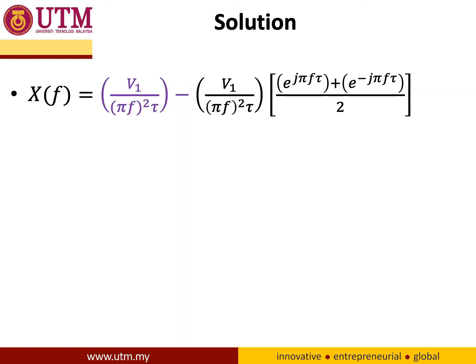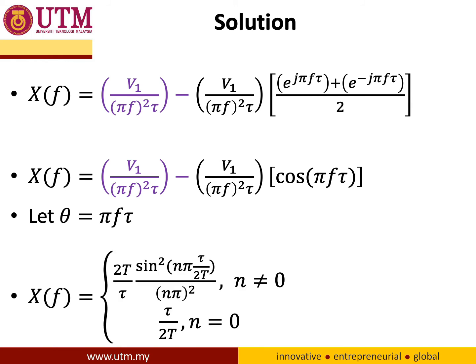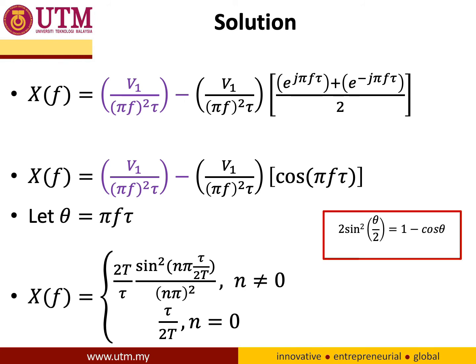Then we rearrange the equations and replace the square bracket here with cos θ, where θ is πfτ, and with the equation of sine squared, where we have 2 sin squared of θ over 2, which is from 1 minus cos θ.